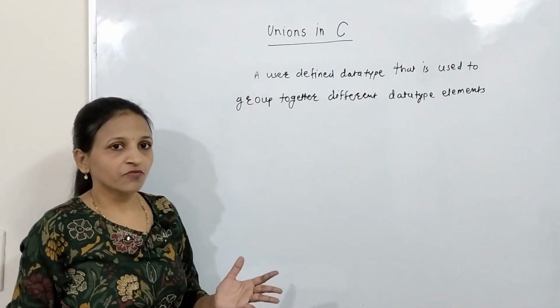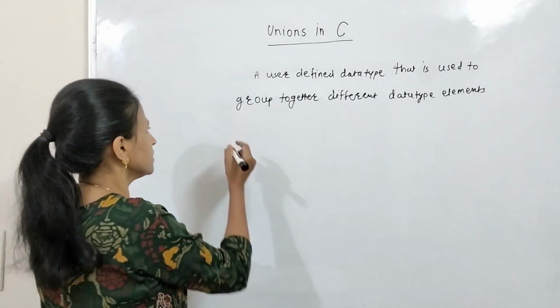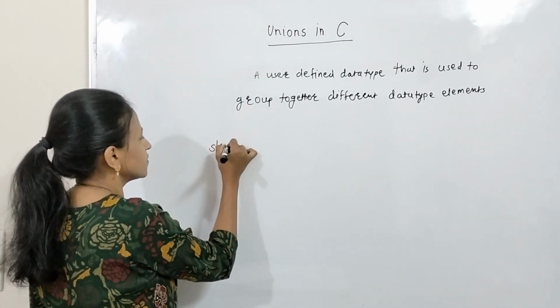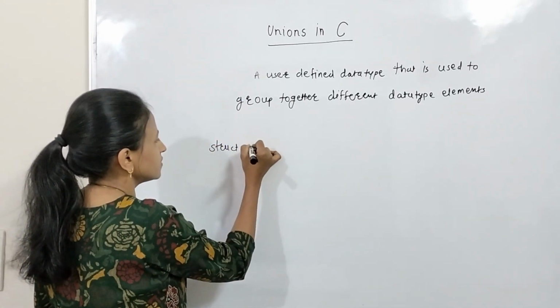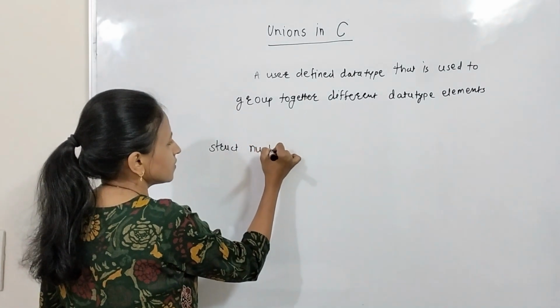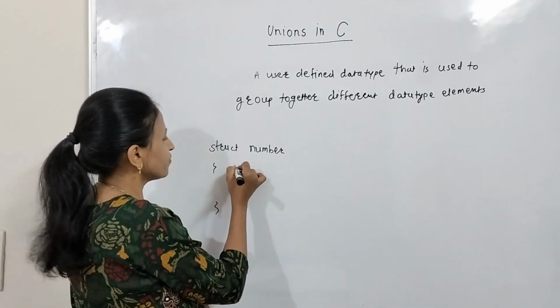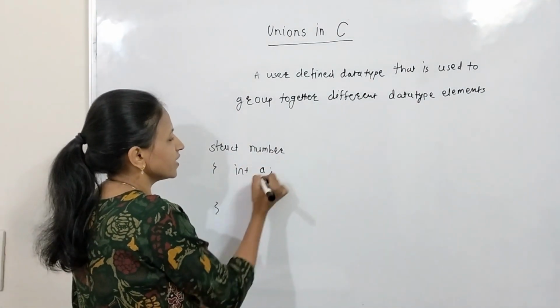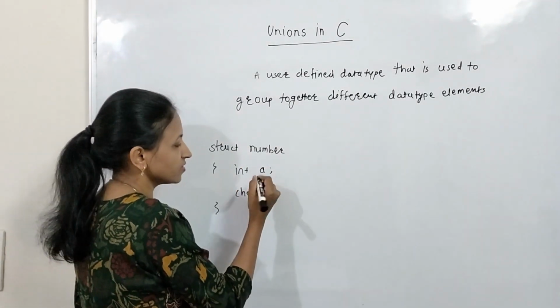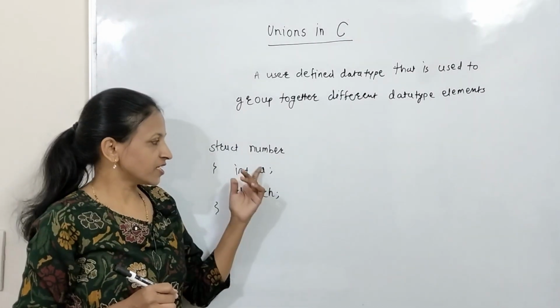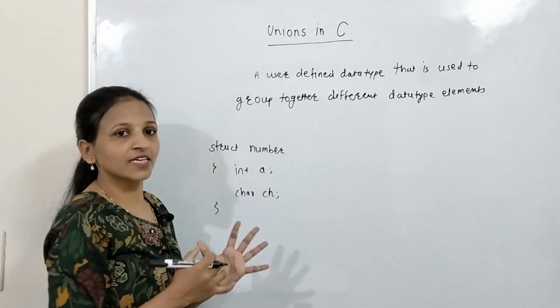Suppose we have created one structure like this, struct number, and inside that let there are two variables. One is of type integer, let a, and a character, let ch. This one is a character and its ASCII value we are storing inside that a.